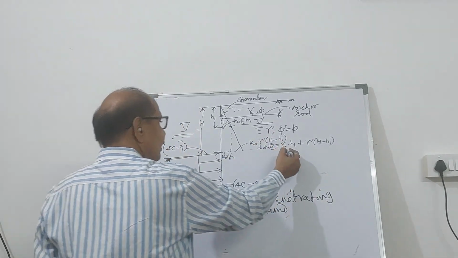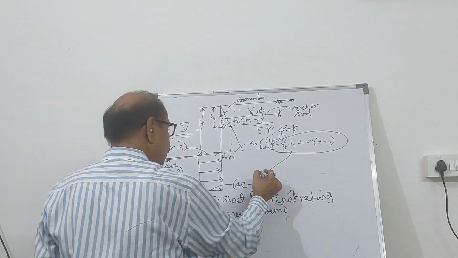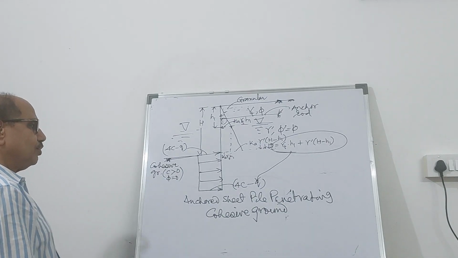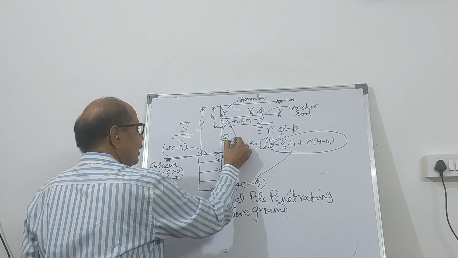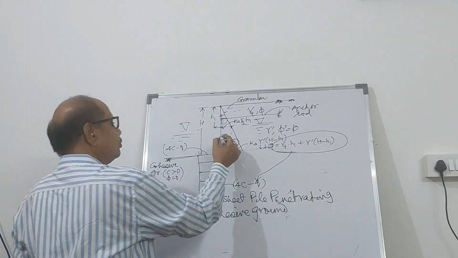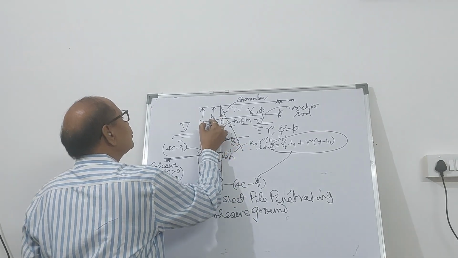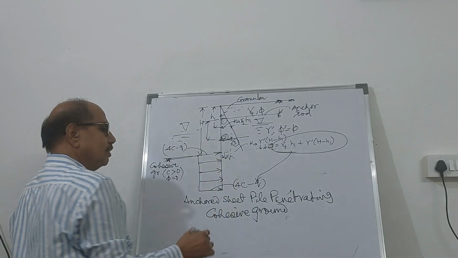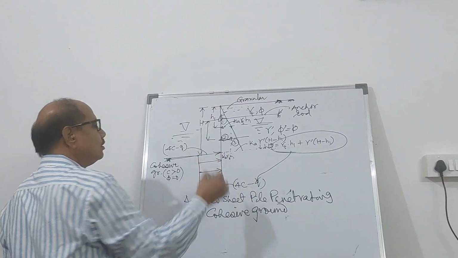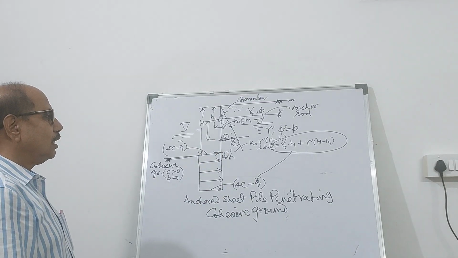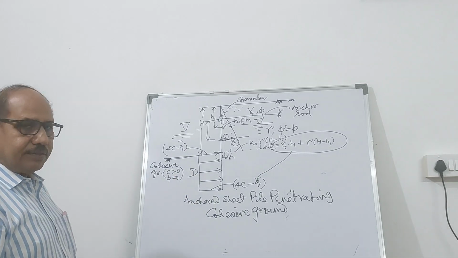It is already given here. So the value of Q is known to you, right? So you can calculate it. So now the pressure distribution diagram has changed, and then you can find out the thrust and its distance from the anchor rod, and the rest is going to be the same. Take the moment about this anchor rod and find out the value of D, the depth of embedment.